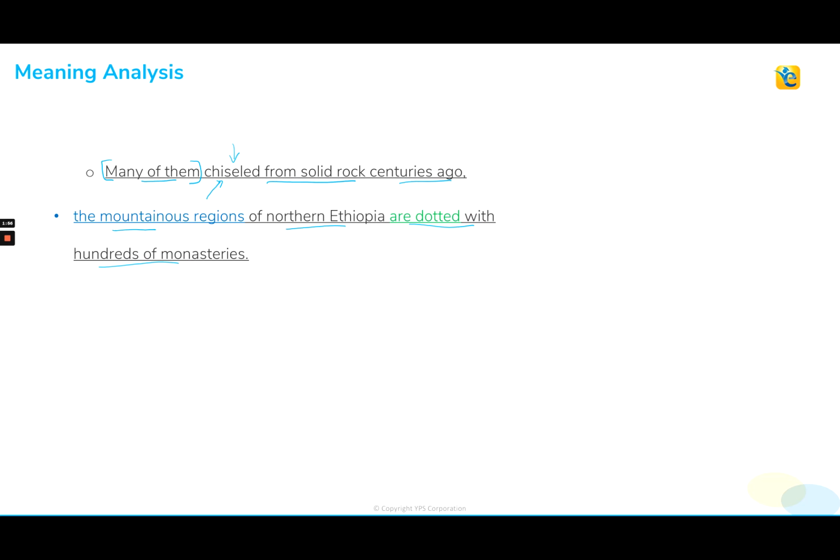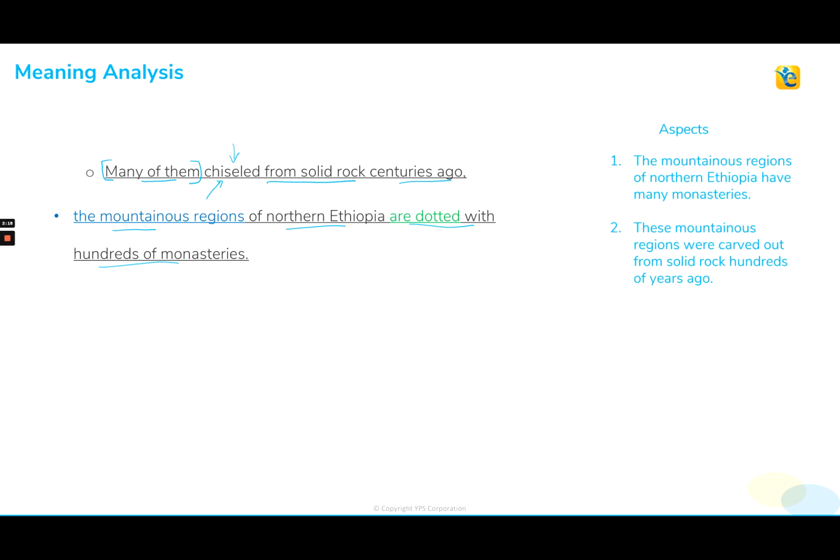Okay, so this part of the sentence talks about the mountainous regions of northern Ethiopia, and one can find hundreds of monasteries on these mountainous regions. Okay. So, summing it all up, the sentence talks about the mountainous regions of northern Ethiopia that have many monasteries, and these mountainous regions were carved out from solid rock hundreds of years ago.